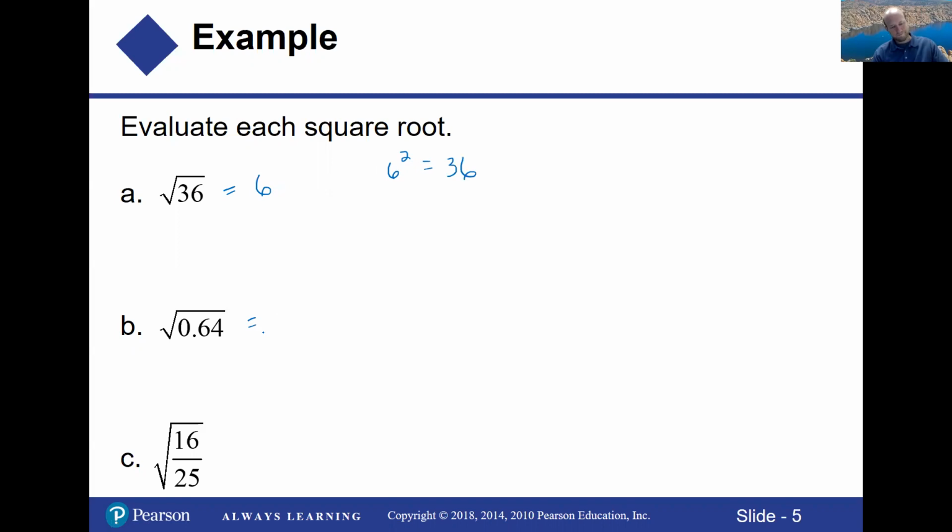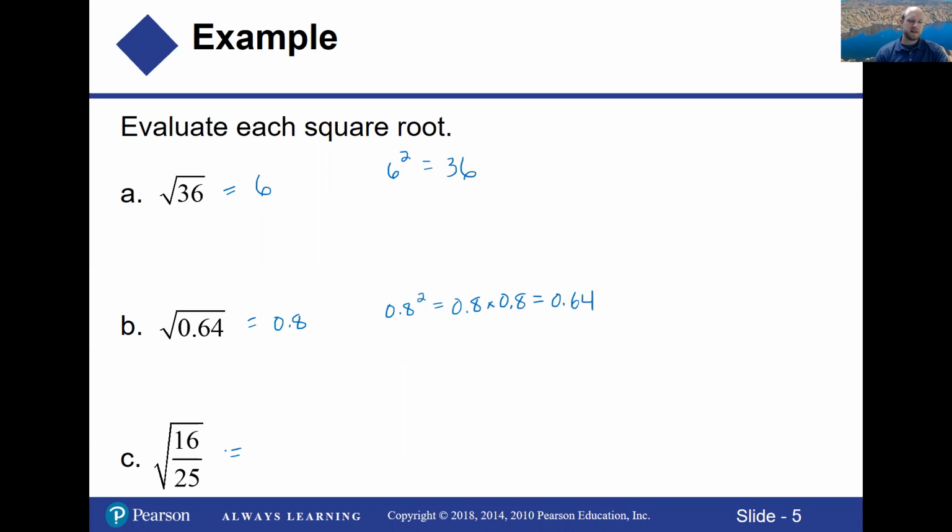The square root of 0.64 would actually be 0.8. And you should be practicing how to type these in on your calculator if you're not sure. But again, that's because 0.8 squared, or 0.8 times 0.8, is equal to 0.64.